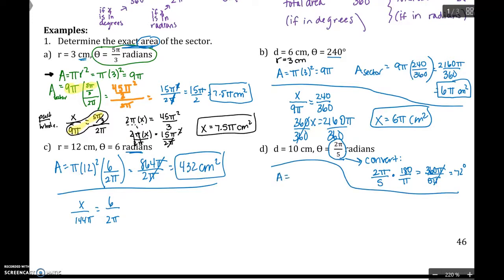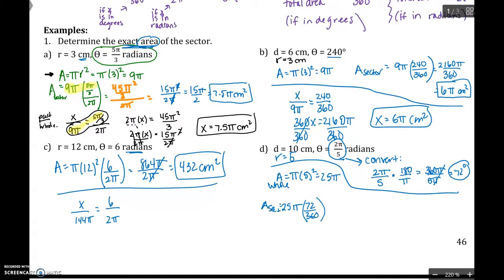So if you do that, remember that radius is half of diameter, so pi r squared is 25 pi. That's the area of the whole circle. So for the sector, you can take that 25 pi and multiply it by 72 over 360.